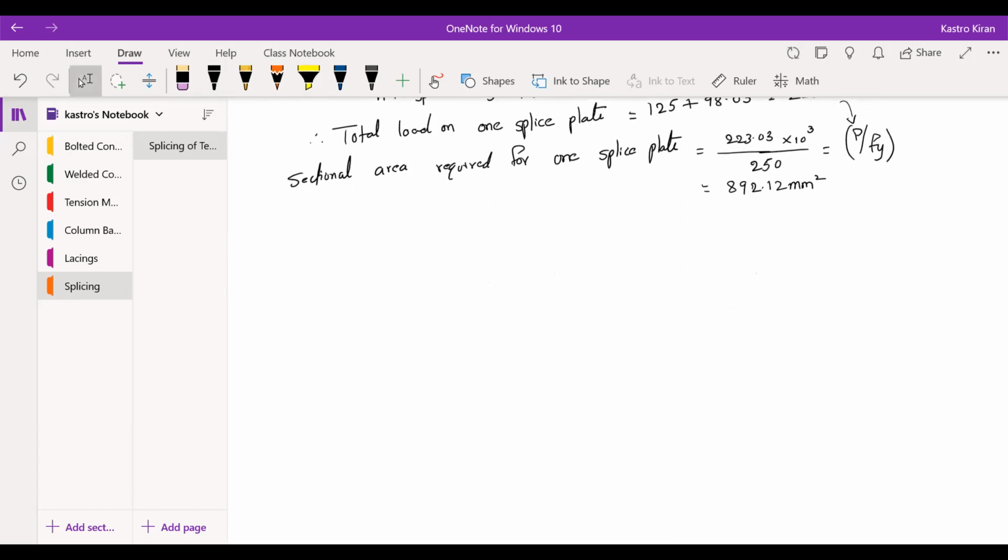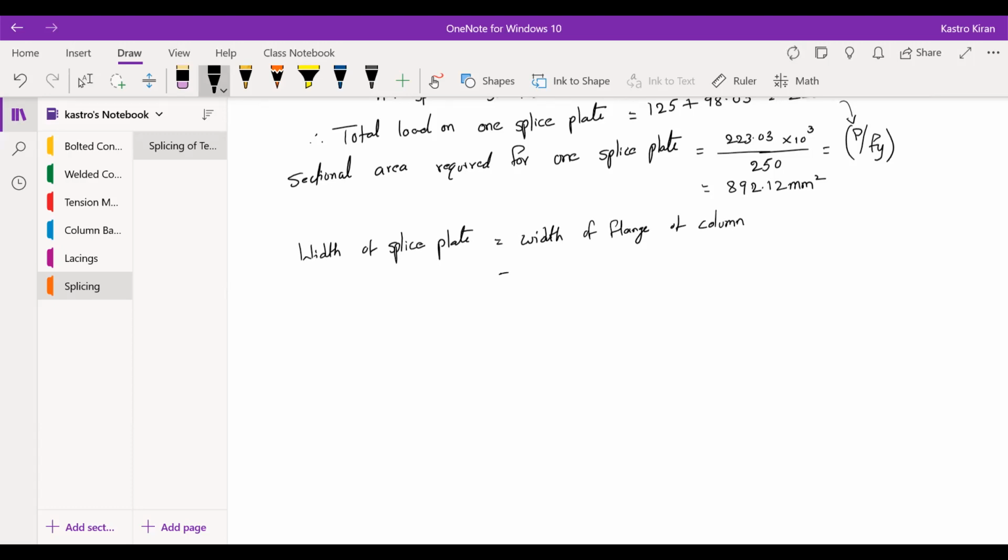Okay, so the width of a splice plate is actually taken as the width of flange of column.